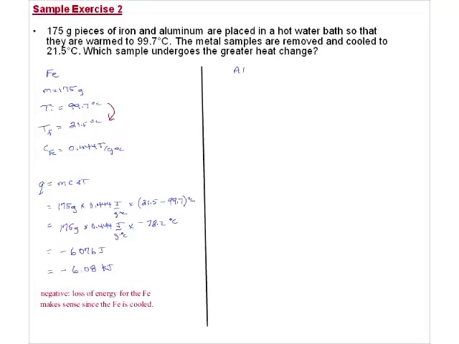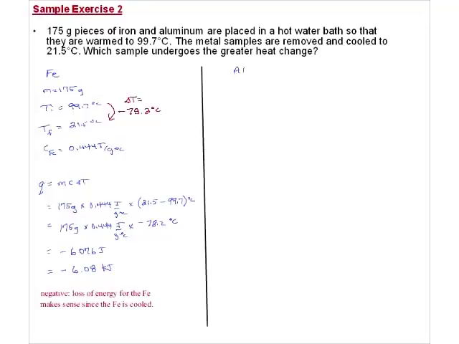The difference here is a negative 78.2 for the delta T. So we're cooling off, which means that piece of iron is losing energy, and that's reflected in the question. So a negative 6.08 kilojoules, therefore the iron lost 6.08 kilojoules of energy.